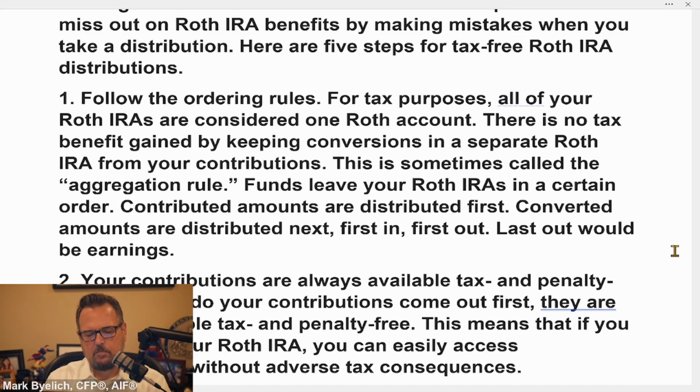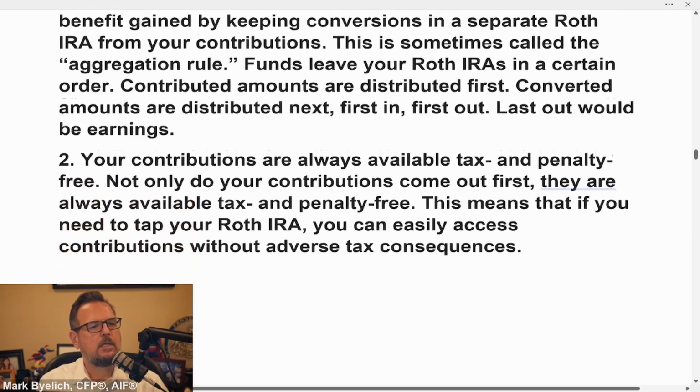But the truth of the matter is you'd have to burn through all of your contribution funds that you've put into your Roth IRAs, your converted funds that you've moved into your Roth IRAs, and then begin distributing any gains before you could run afoul of the 5-year rule. With the exception, of course, is if you're under 59 and a half, there are some special rules for conversions, and we're going to talk about that in a moment.